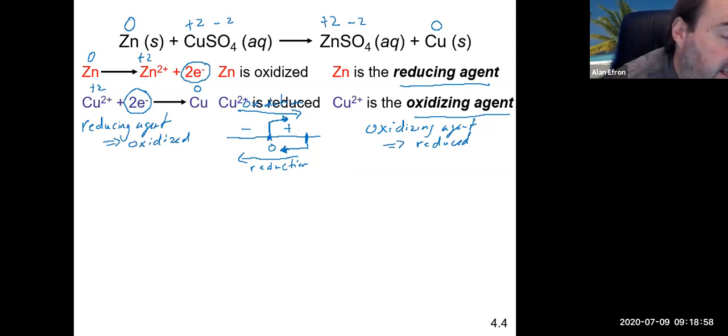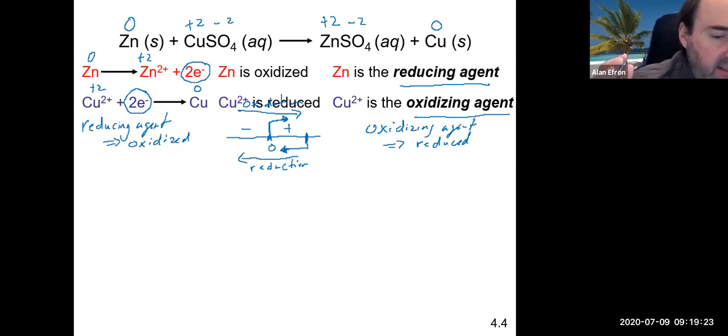While for the oxidizing agent, in order for something to be oxidized, something has to lose electrons so somebody could gain them. The copper is the one that is going to gain the electrons, and the only way it could gain the electrons is to cause zinc to be oxidized. So it is what is known as the oxidizing agent. Sometimes that confuses people.